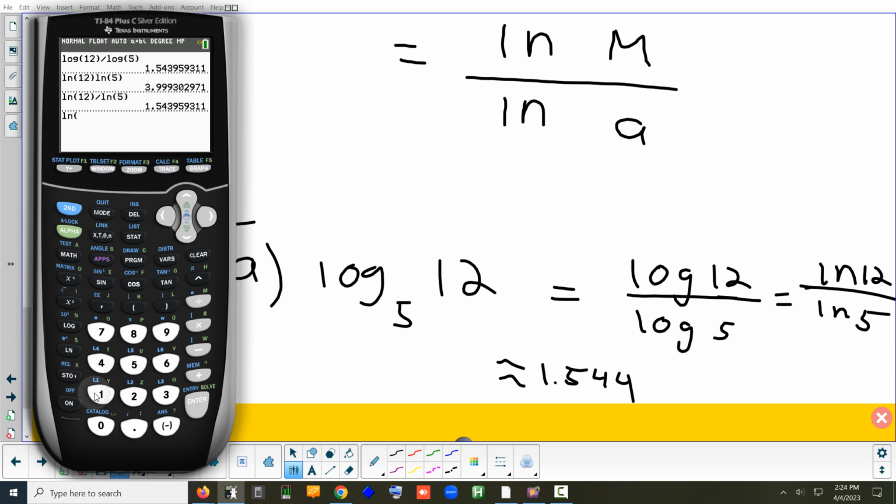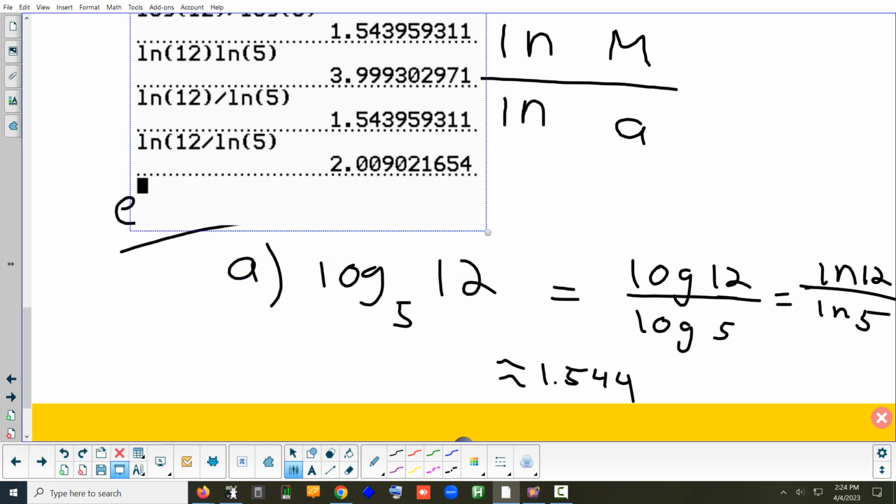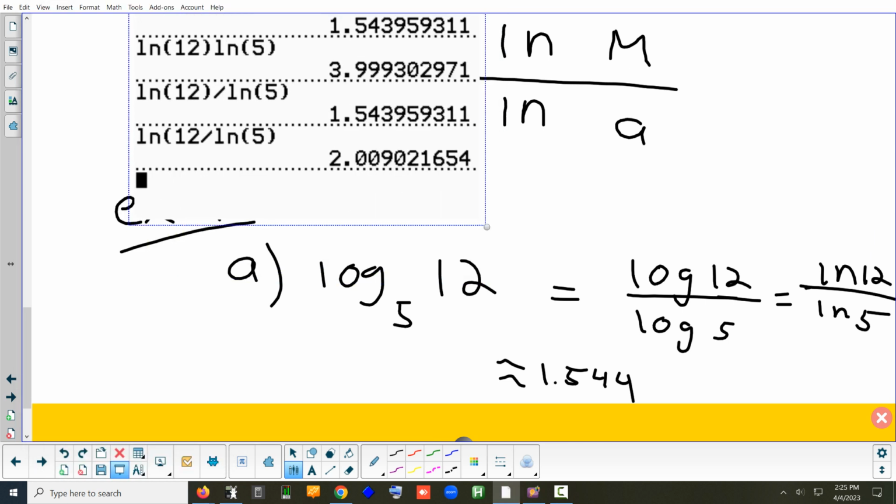How about if I did something like this? That's wrong too. What's wrong with that one? It's the common log of the common log. Yeah, I did the log inside the log.